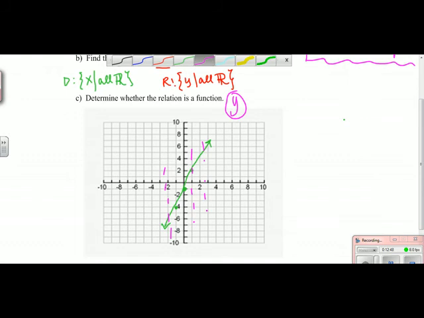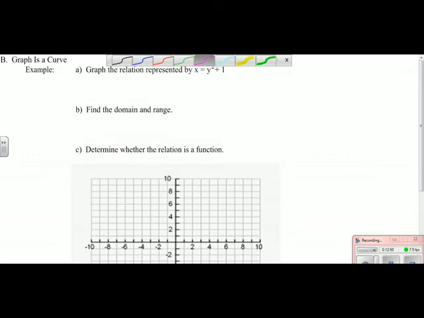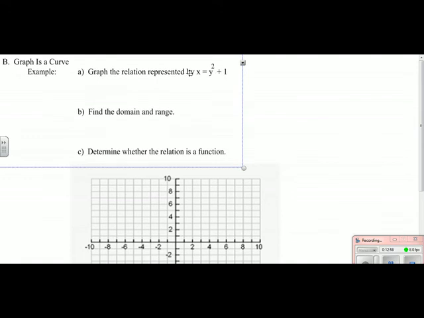Now what happens when what we're asked to graph is a little bit more complicated? When it's something like this, the y squared thing. Well, we don't know how to just straight up graph this.